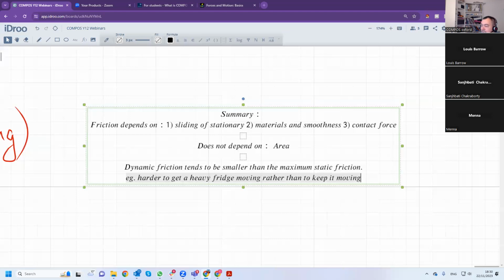Neil, yes, I see what you mean. You don't have much time to settle into the gaps, into the dimples. How would the dynamic friction be larger than the static friction even work?